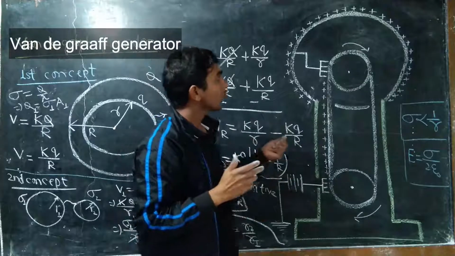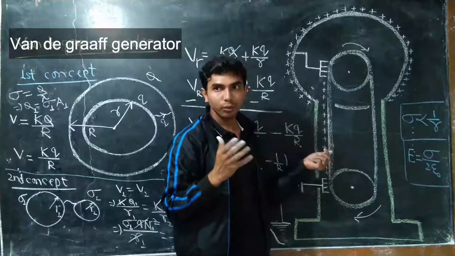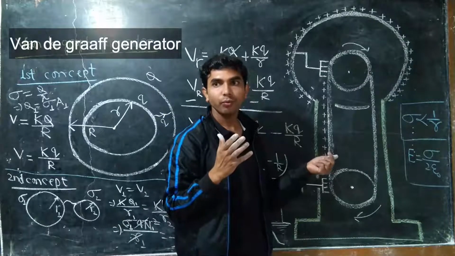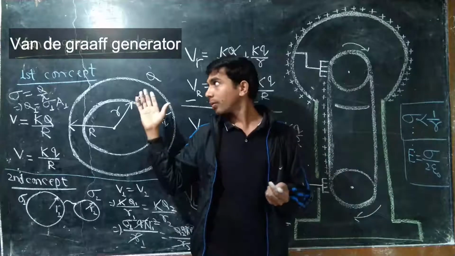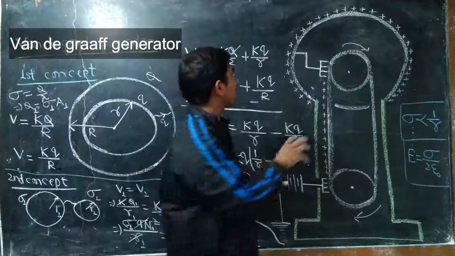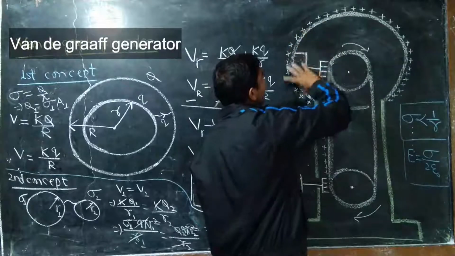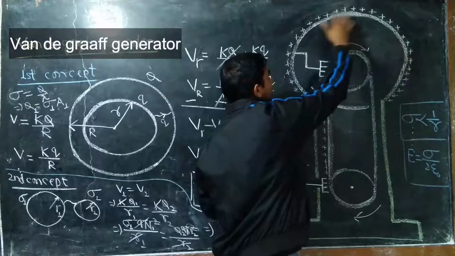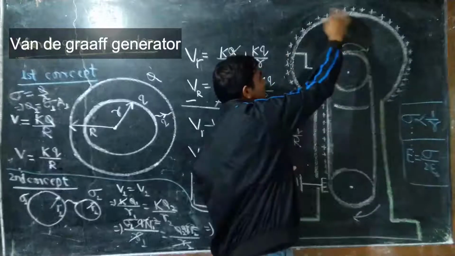Our main aim is to create a higher value of potential. A Van de Graaff generator is mainly used to create a higher potential. This is your spherical cell.